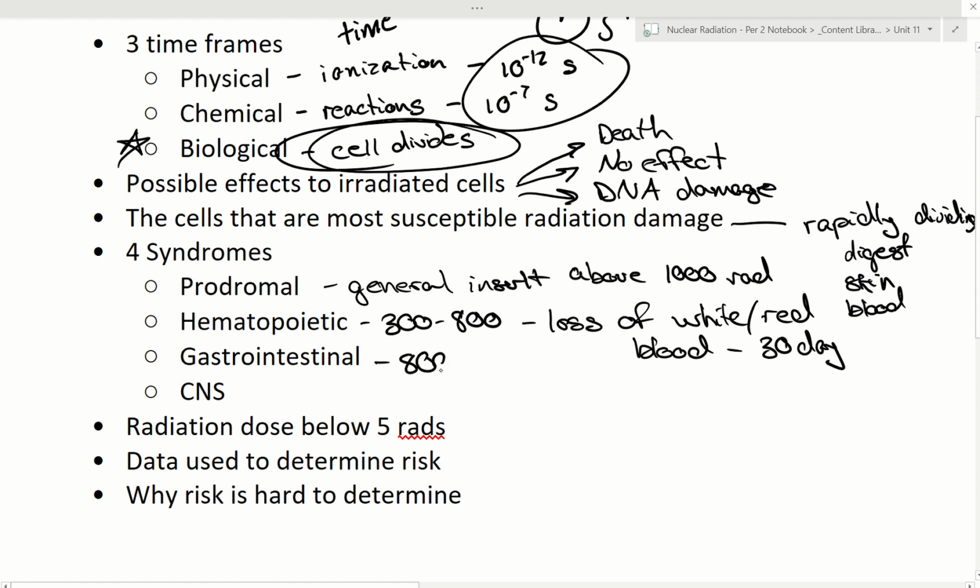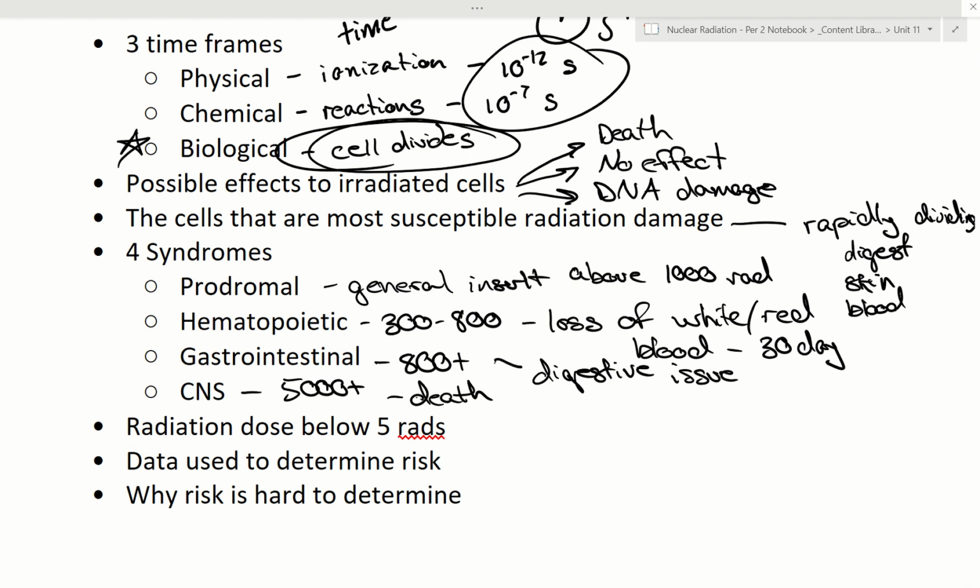Gastrointestinal is 800 plus. And that is a digestion. Causes digestive issues. Nausea, diarrhea, vomiting. And then central nervous system is 5,000 plus, and it results in death. Now, anything over 300 is going to be the baseline for a lethal dose, so all of these could actually cause death.